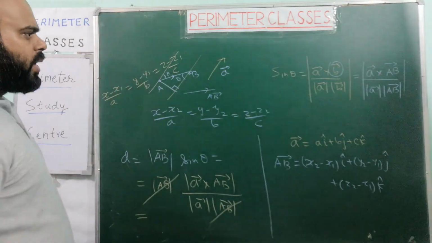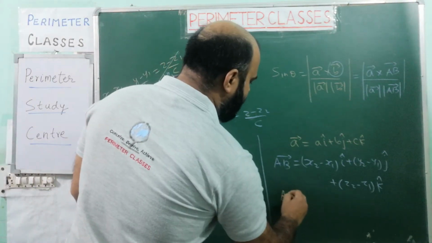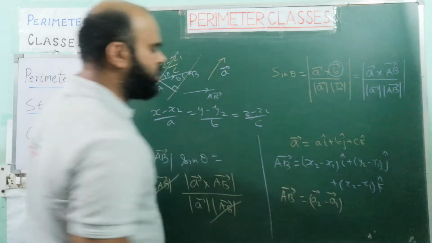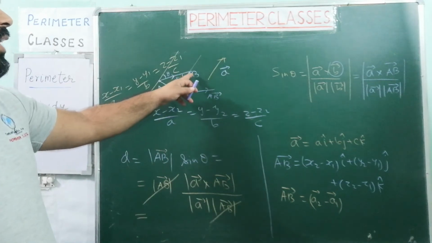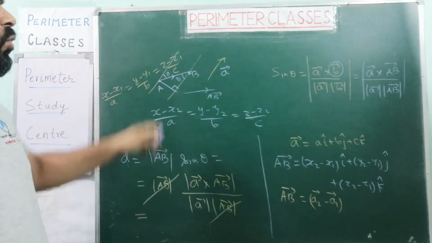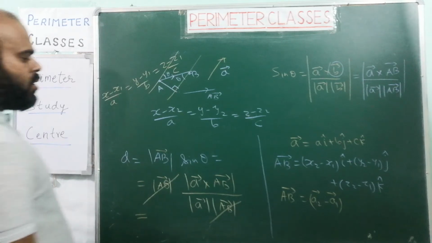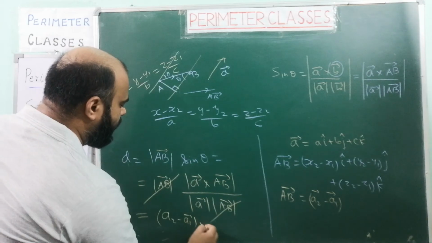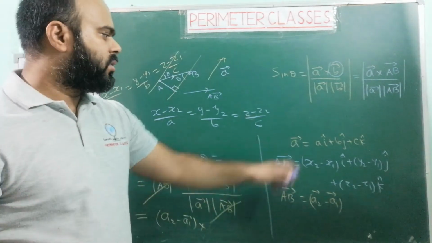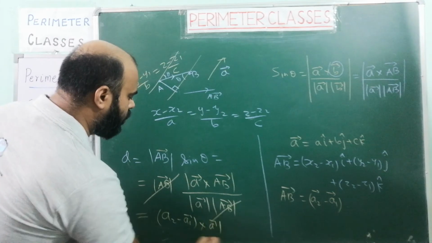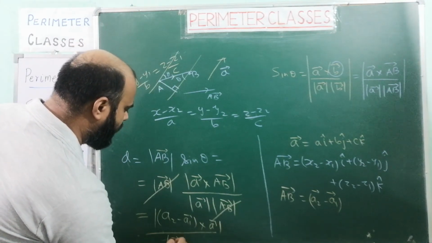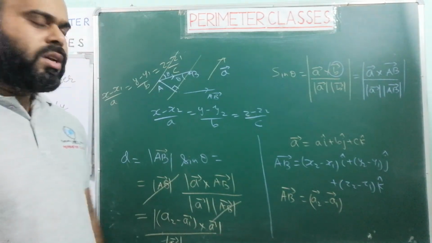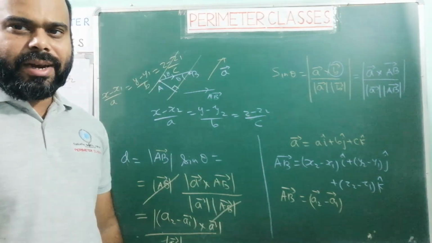AB can also be understood like this: AB is A2 minus A1. There are two position vectors, one position vector is A2, another is A1. So A2 minus A1 is AB. So you can write this as mod of A2 minus A1 cross product with the vector A, divided by mod of A. This is how you can remember the formula for the distance between parallel lines.